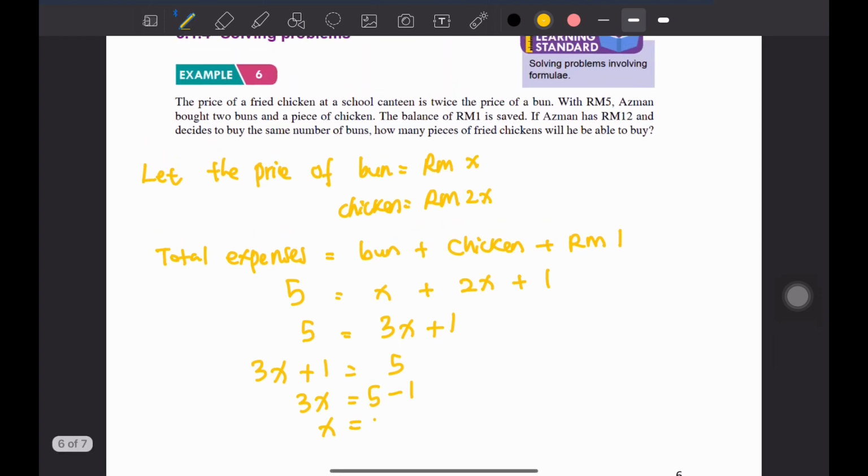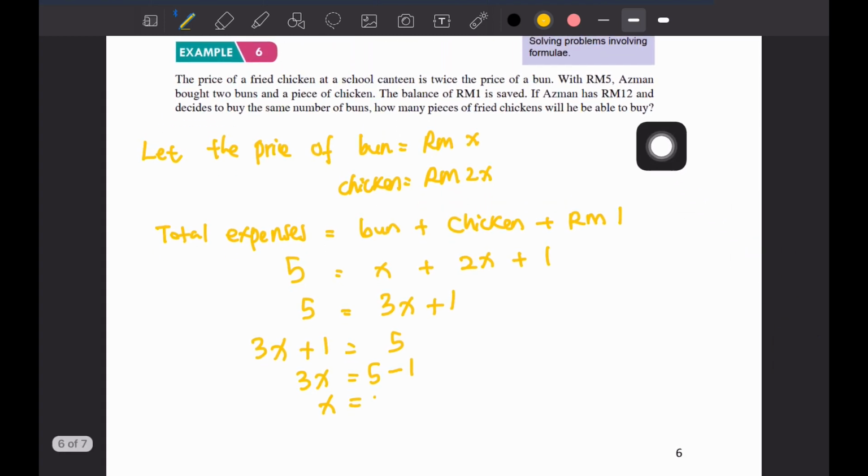Sorry, how many dia beli? Azman bought 2 buns and a piece of chicken. Sorry, 2 buns and a piece of chicken. Betul lah. So 2 buns ada 2x lah.